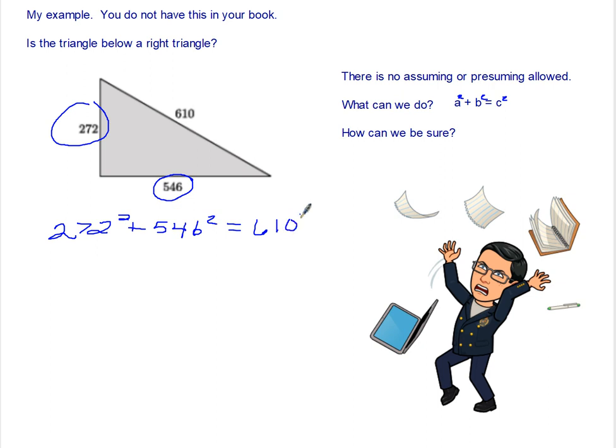Now, if it is really a right triangle, it is going to be equal. So if it is, it'll work out. If it's not, we're going to get something that doesn't match. So in your calculators, punch in 272 squared. Go ahead and square it.